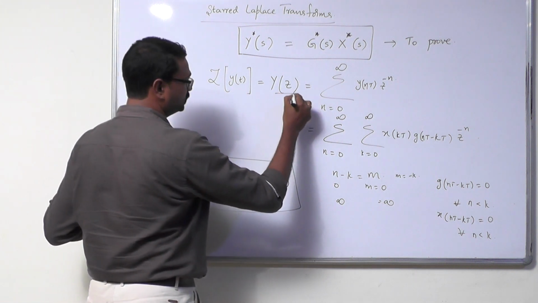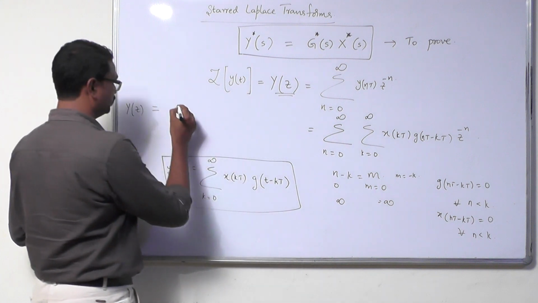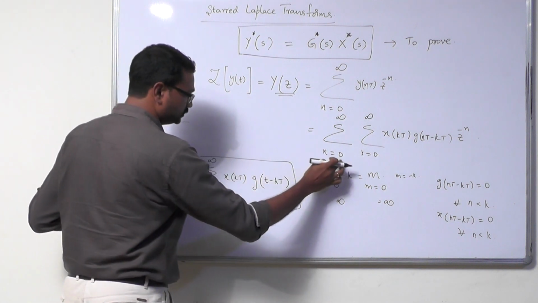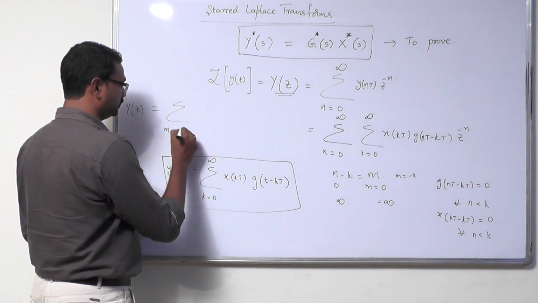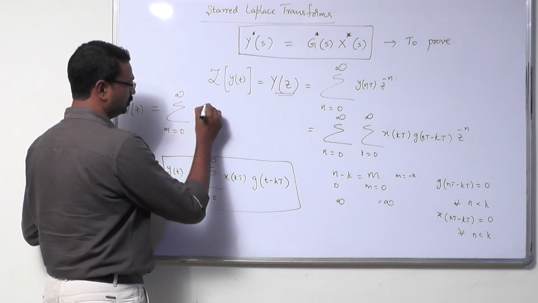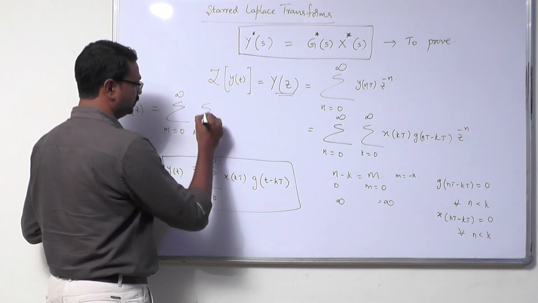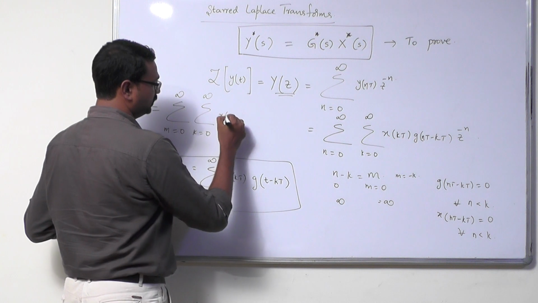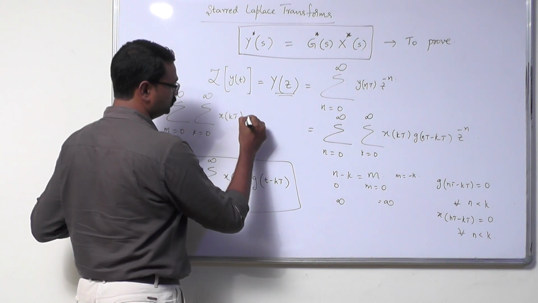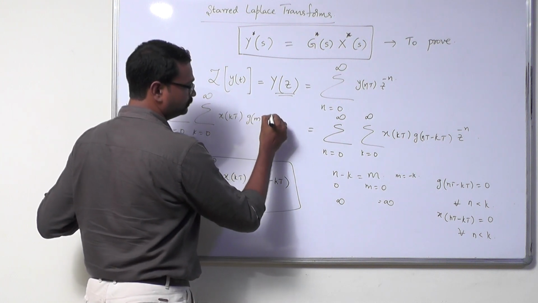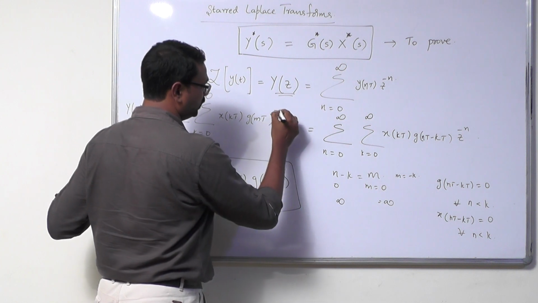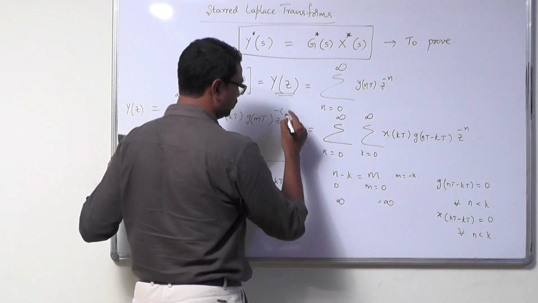I am coming with this y of z is equal to this. Therefore, sigma m is from 0 to infinity, k is from 0 to infinity, x of kt, g of mt, and z power minus n is equal to m plus k.